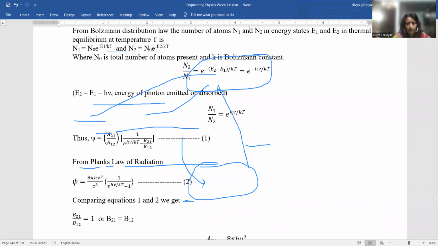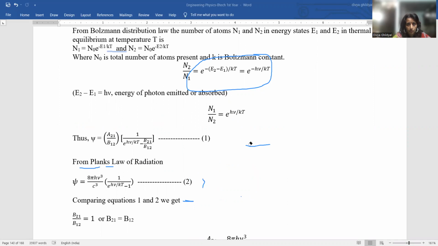You can see phi equals A21, that means transition from the second state to the first state, divided by B12, transition from first state to the second state. So this is one way of writing the relationship between Einstein's coefficients. You can write it in another way by comparing it with Planck's law of radiation.